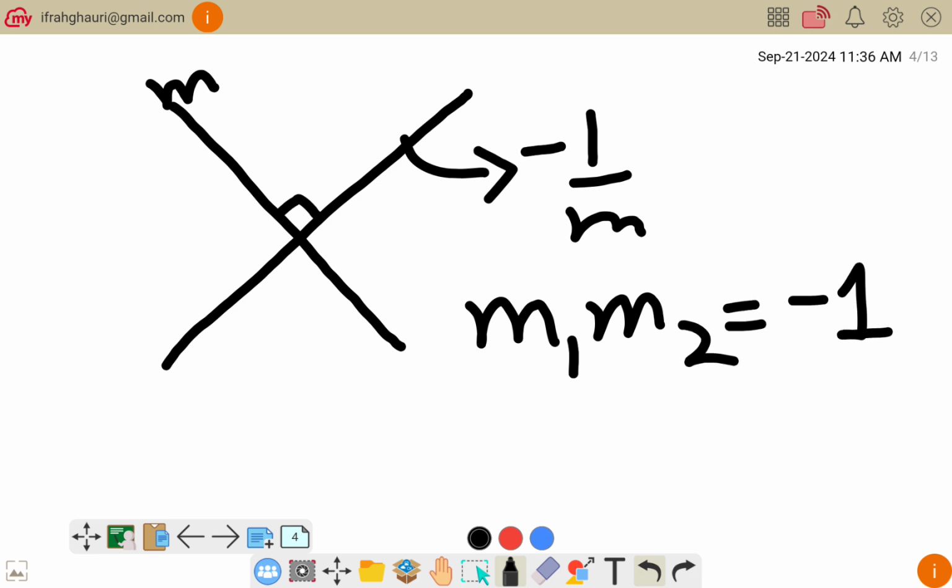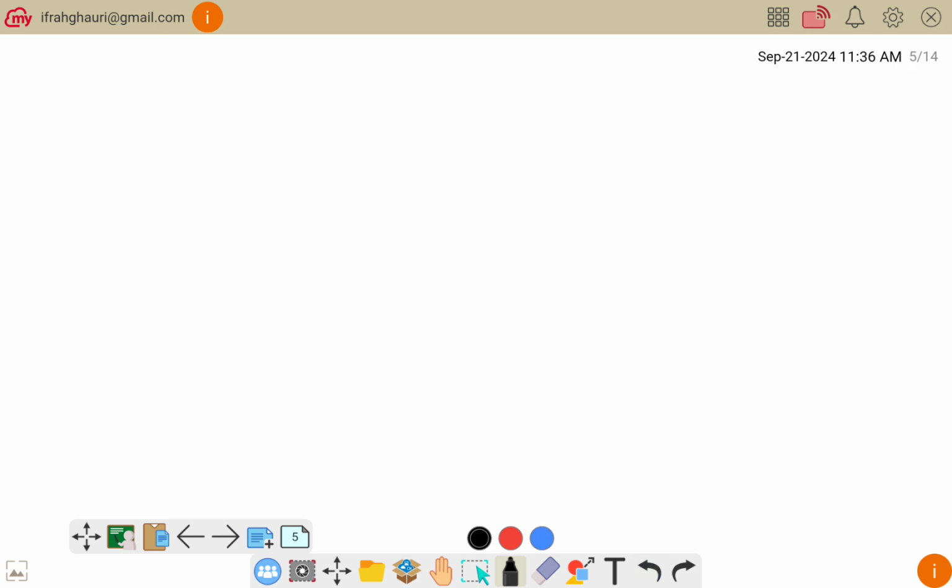So we just discussed how we calculate the gradient of a line. Then we found out that when two lines are parallel, their gradients are the same. And when two lines are perpendicular, the product of their gradients is minus 1.